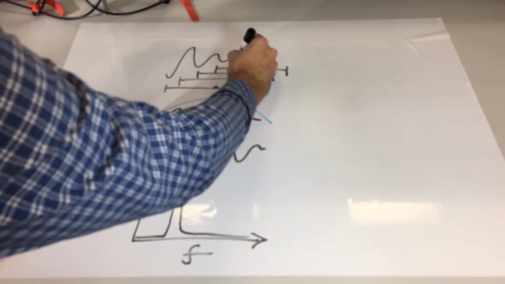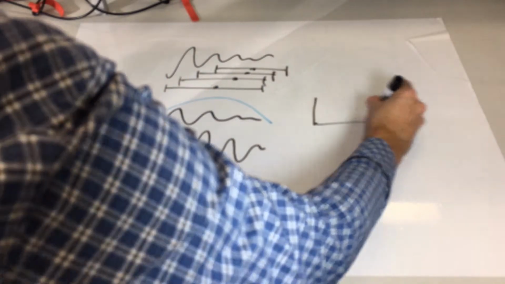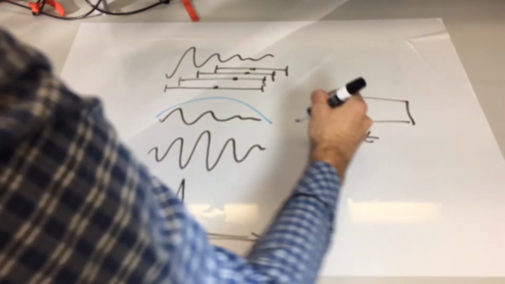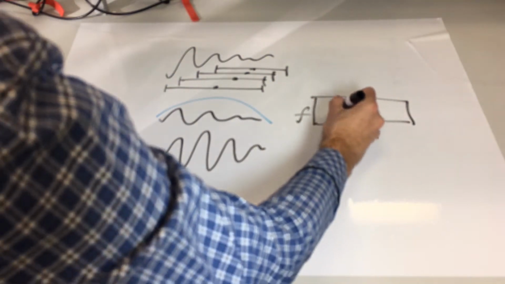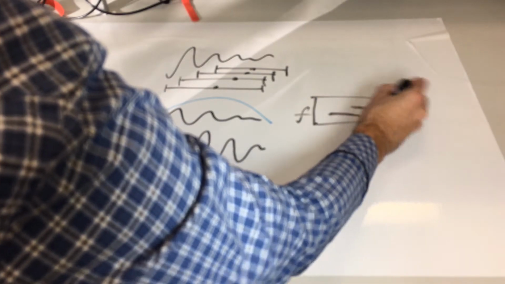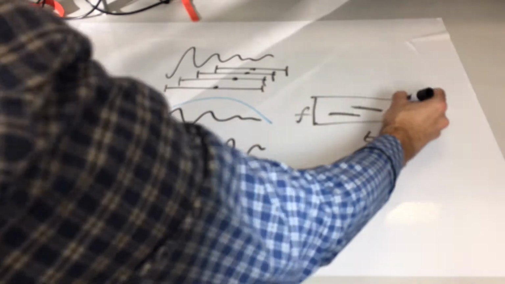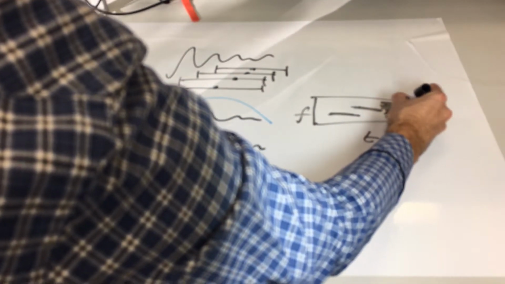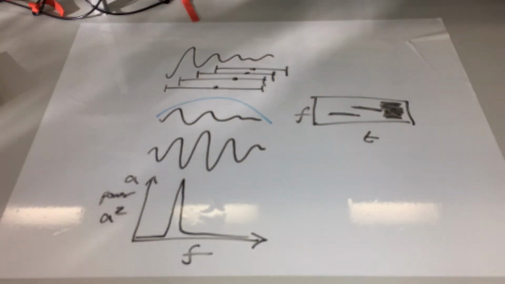And taking the center of those in time, we can plot as a function of time and frequency what the power is and whether it's nice and narrow band and therefore got a well-defined frequency, or something that has stuff going on at lots of different frequencies.